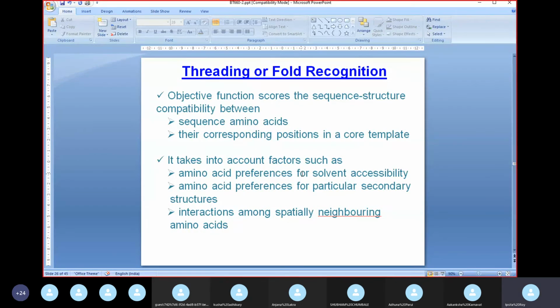Those factors you need to keep in mind when you're proposing a structure. And then, of course, two side chains should not come very close to each other. That is where the Ramachandran plot comes in, to ensure that amino acid side chains remain as far apart from each other as possible and remain within the allowed regions of the Ramachandran plot.